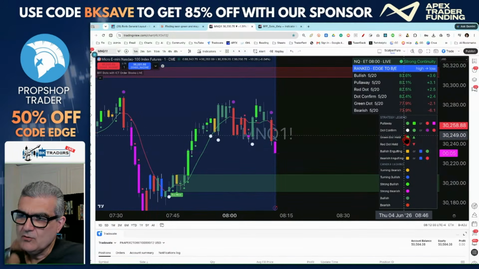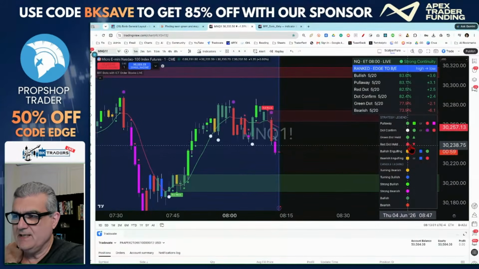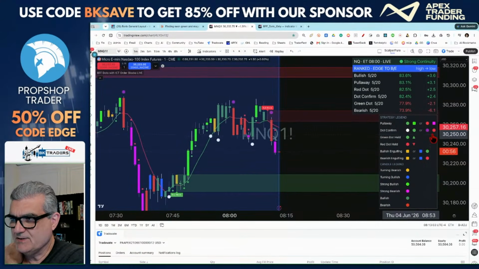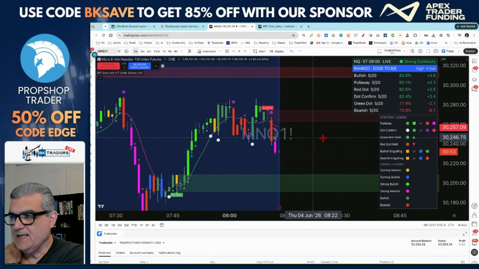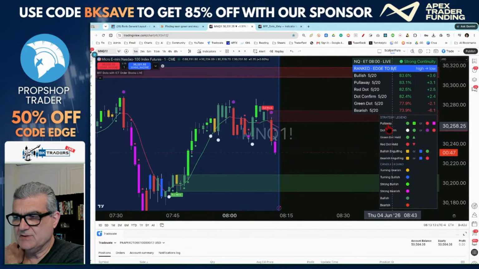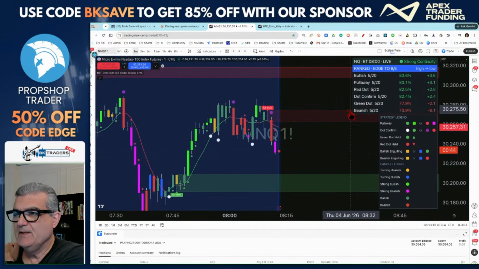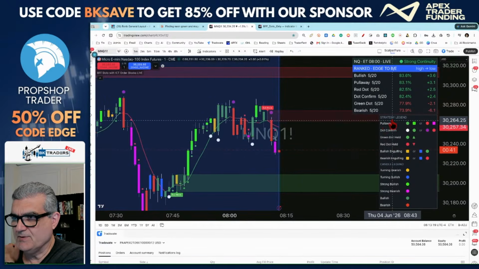Green dot hold means you're not breaking the lows, and red dot means you're not breaking the highs. That's really all it means. Bullish engulfing is yellow or blue against the green, and yellow or blue against the red on the bearish side. So it creates lots and lots of interesting opportunities for you guys.